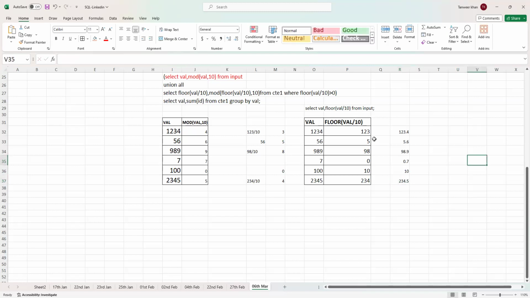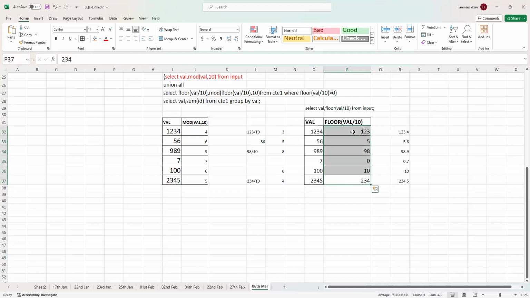Now you are saying divide each and every val by 10 and then apply floor on it. So what this floor will do is show you the integer part of all these things. That is why you're getting 123 here, 5 here, 98 here, 0 here, 10 here, and 234 here.